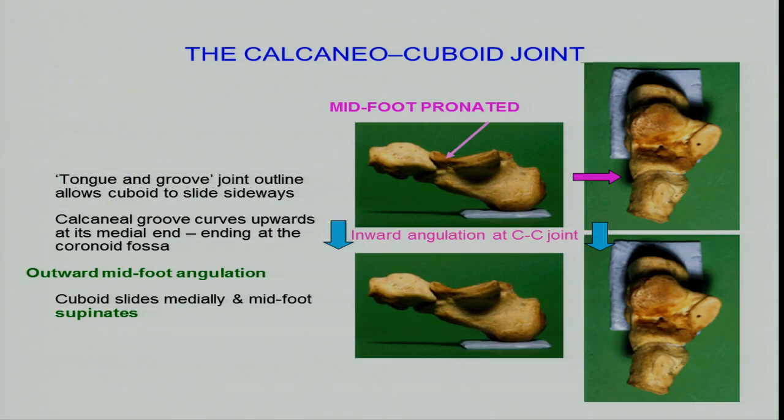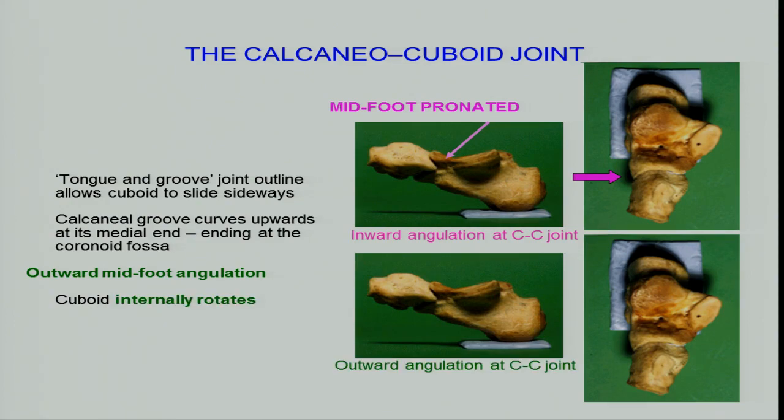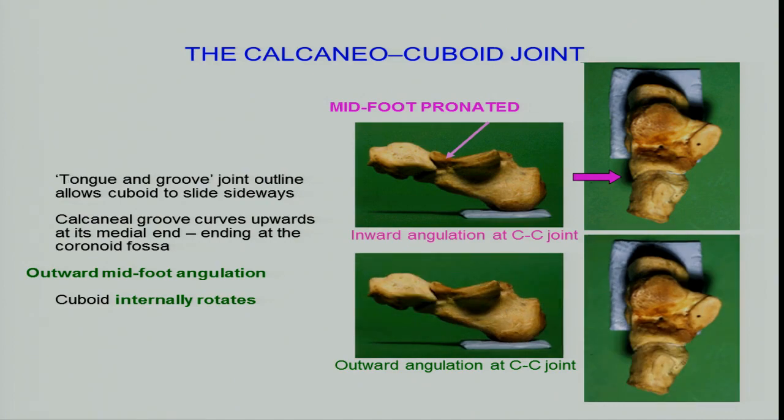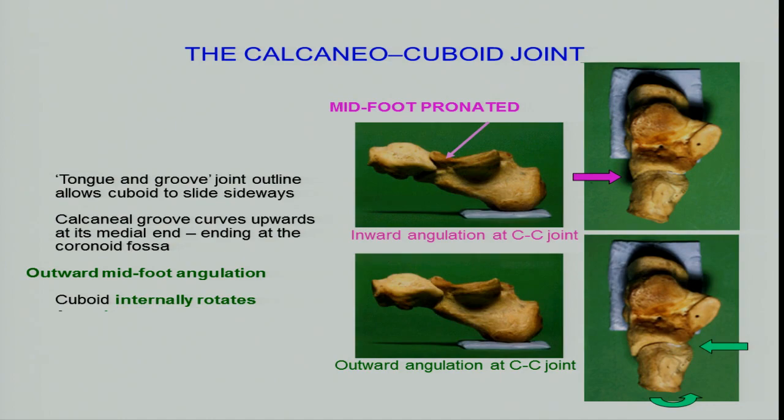Now I'll try and do this very slowly. Outward midfoot angulation, the cuboid slides medially and the midfoot supinates. So it's inward angulation above, outward below. Is that all right?